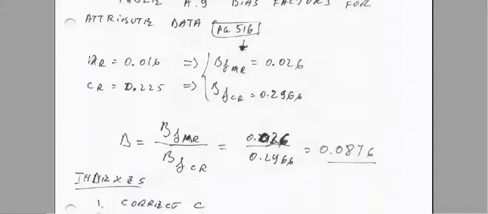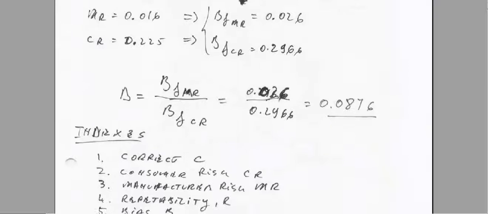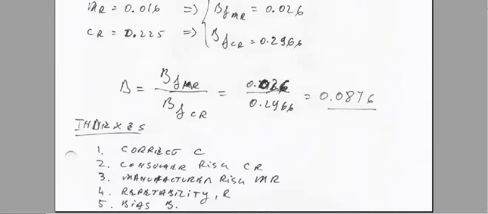In this particular case, this number relates to 0.016 or 1.6%. BFMR would be 0.026, and for CR, looking up the table for the value of 22.5% or 0.225, we'll find a BFCR value of 0.2966. So the bias would be the ratio between the two factors, and this turns out to be 0.0876.